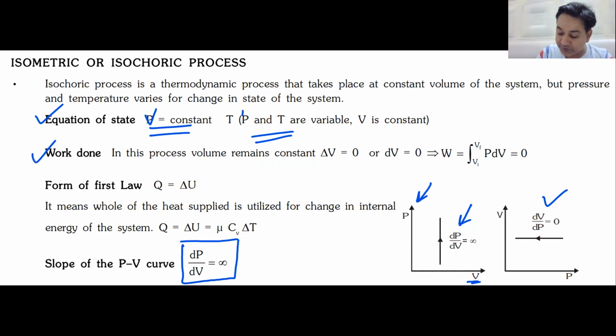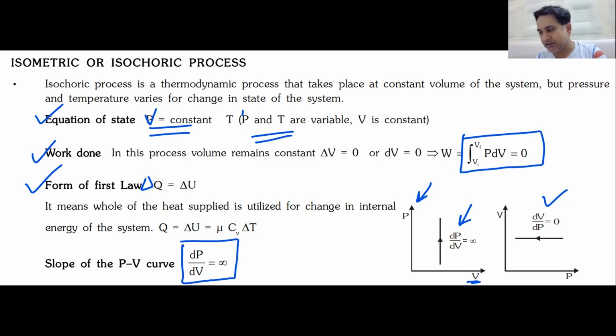That's it. Work done in this process: as you can see, there is no area, no change in volume. Work done is 0. Delta Q will be equal to delta U. That means the entire heat that you give to the system in this process is utilized to change the internal energy of the system. Will you remember this?